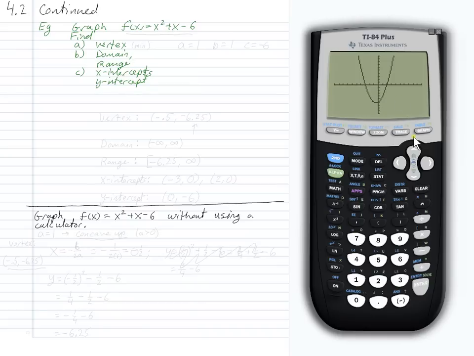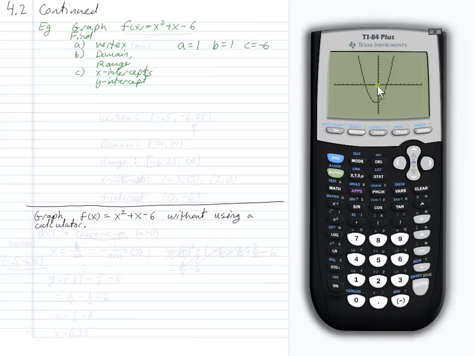Alright, so here we see a nice parabola. It's concave up. We should know that based on the coefficient of x squared being 1. We see that this parabola has two x-intercepts and we see our y-intercept. So this parabola fits nicely into that standard window.